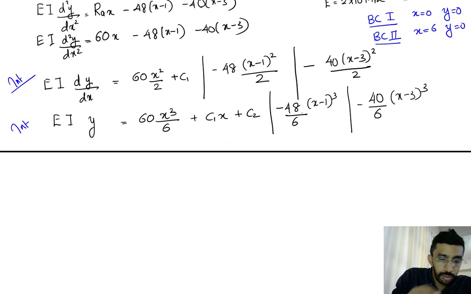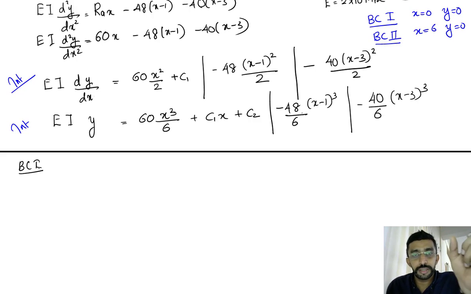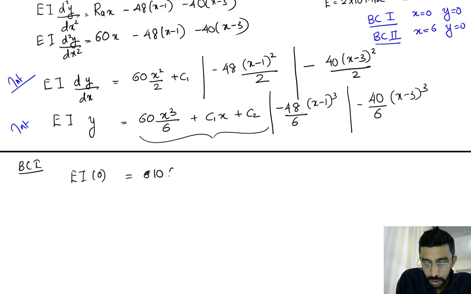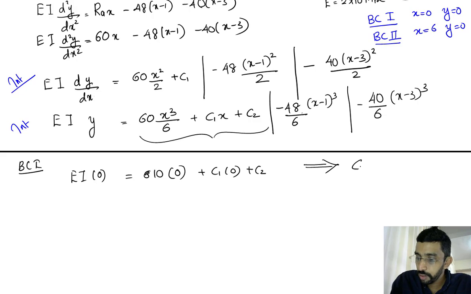Since it is located in the first section A and C, I will use only the first block. That means this particular block. So EI into 0 equals 10 into 0 plus C1 into 0 plus C2, which gives the value of C2 is equal to 0.